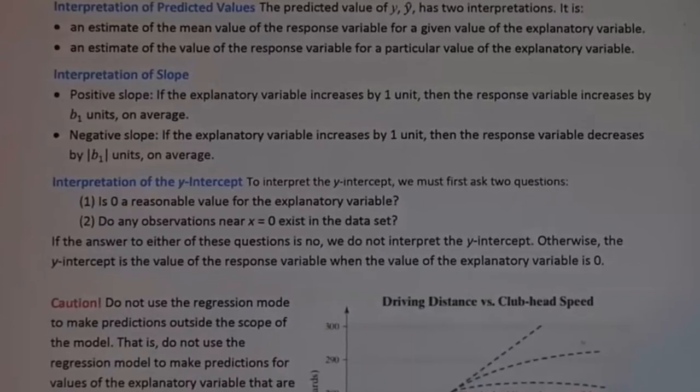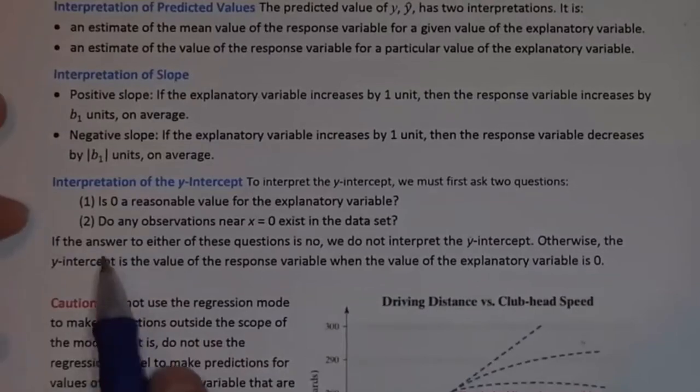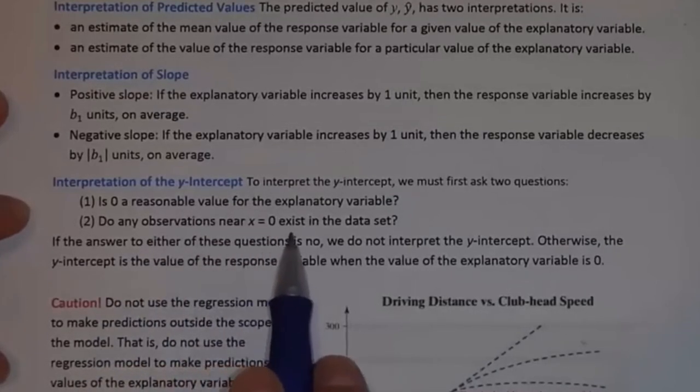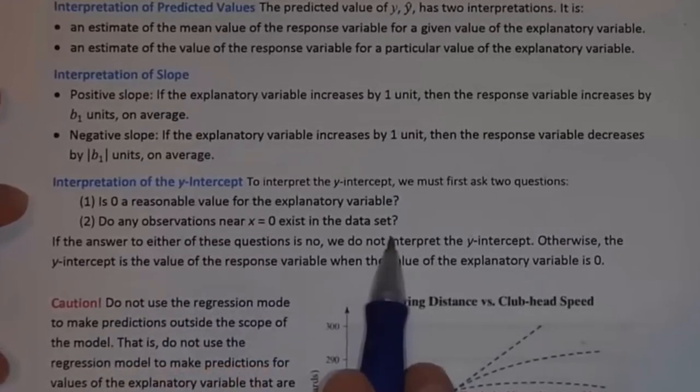For example, if I'm talking about swinging a golf club, it wouldn't make sense for the speed of the golf club to be 0 in that situation. If the speed of the golf club is 0, well then obviously the ball's not going to go anywhere. The second question is, do any observations near x equals 0 exist in the data set?